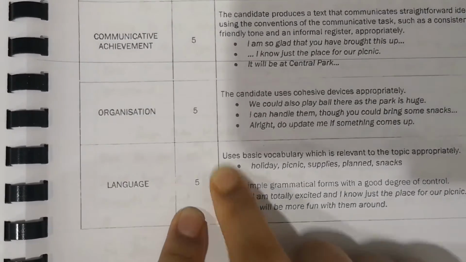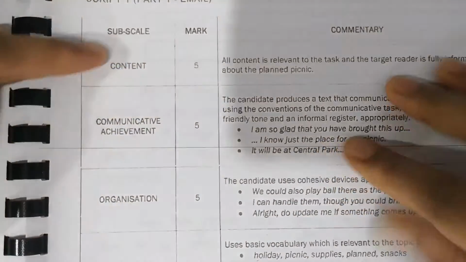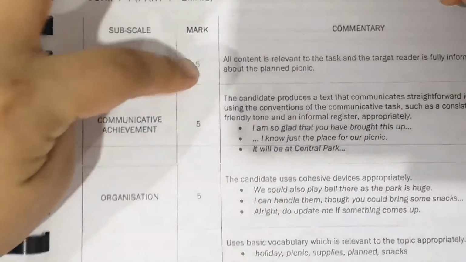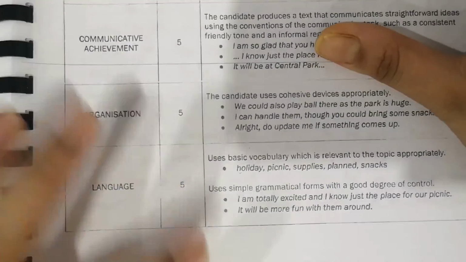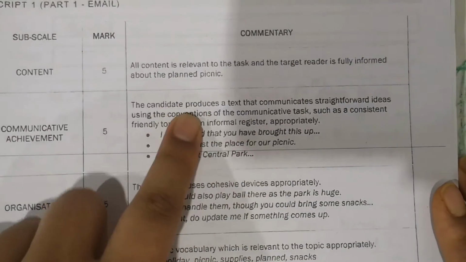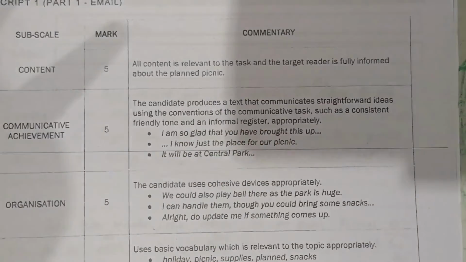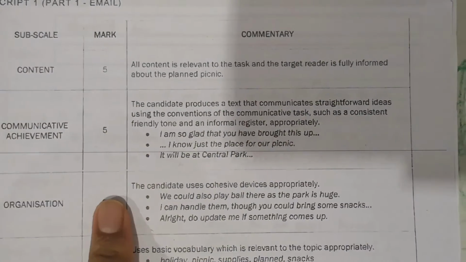Okay, so usually we pay more attention here, but actually we will balance it all into 5 and 5 full marks. Okay, so for the content, if your content is relevant, that means you're not off track, then you will get 5 marks for content.